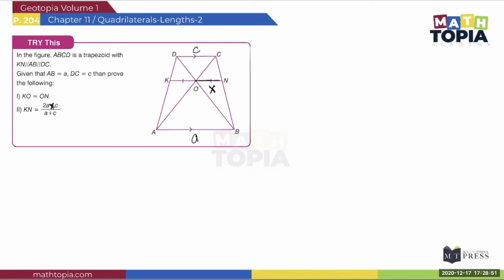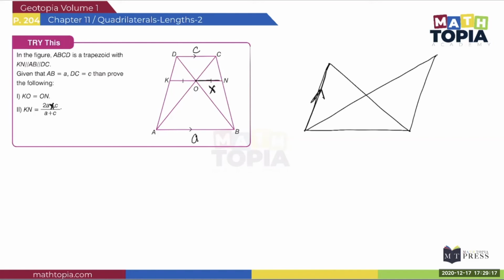First of all, this is equal. Then we are going to look for the value of x. What we remember from the similarity chapter, we did this proof that time using the bow tie, and we are not going to go into detail on this one. Let's say this is a, this is c, this is x.